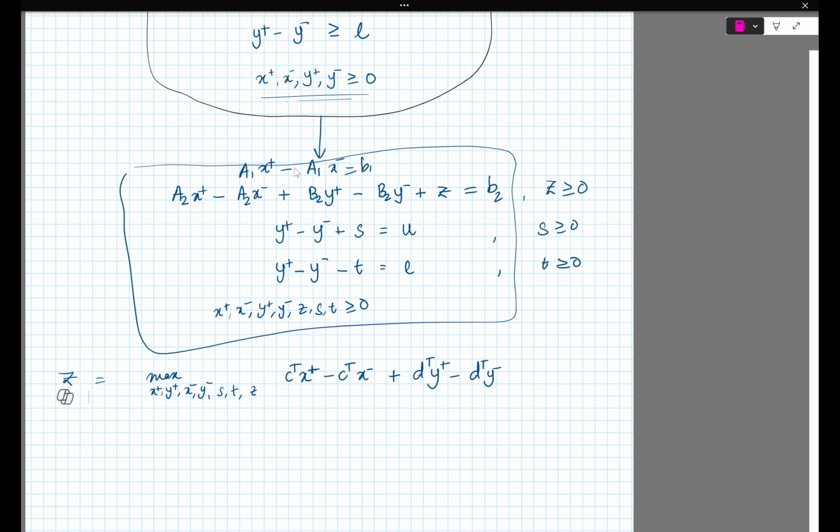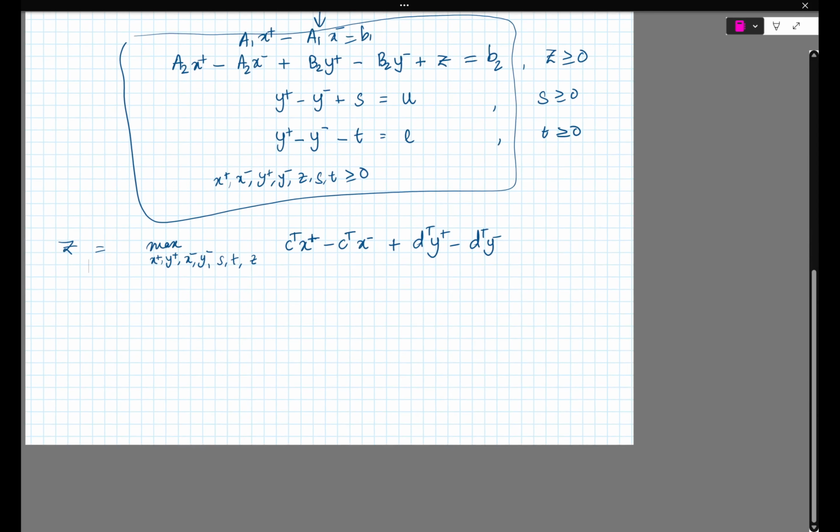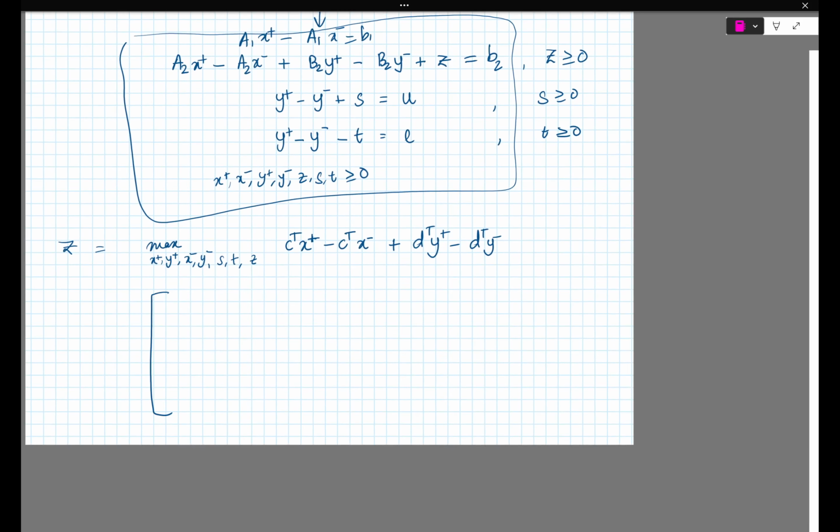You can even write it in some matrix kind of form. So basically you'll have your variables x plus, x minus, y plus, y minus, z, s and t.